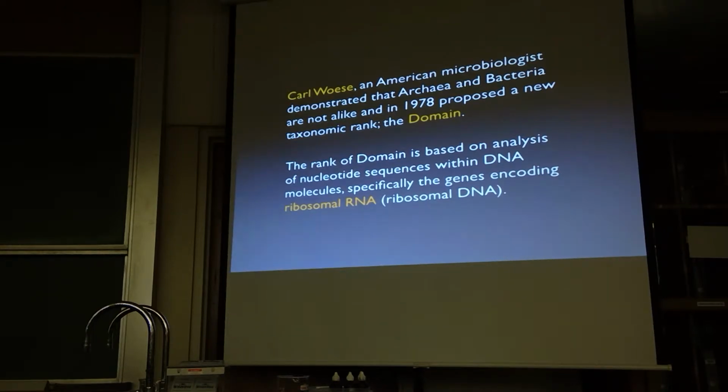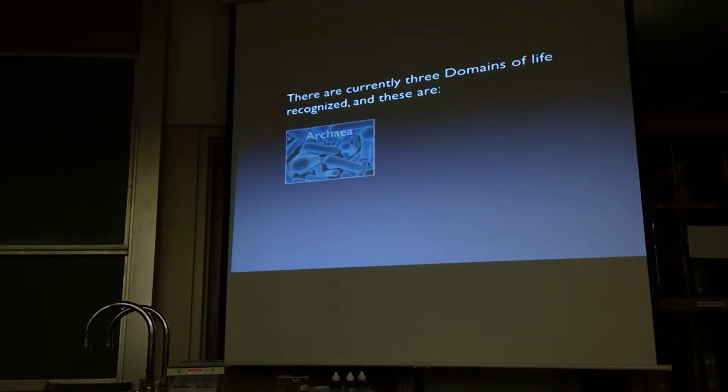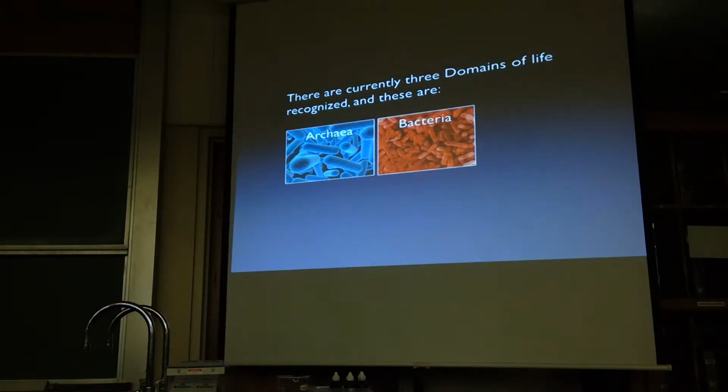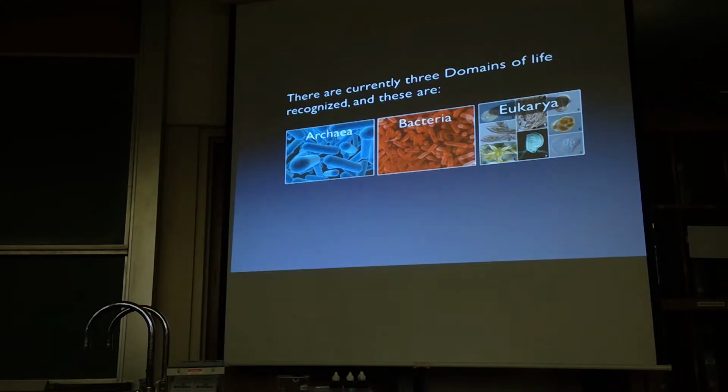So he was looking at 16S ribosomal RNA in prokaryotic organisms and 18S ribosomal RNA in eukaryotic organisms, and found out again that all the eukaryotic organisms are very, very closely related, but the two prokaryotic categories are not. So there are three domains, and the three domains are Archaea, Bacteria, and everything eukaryotic.